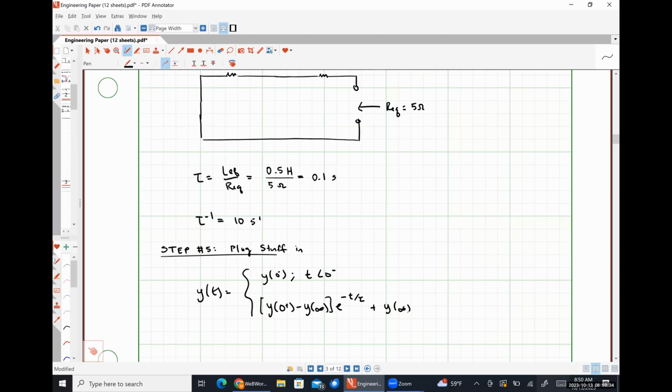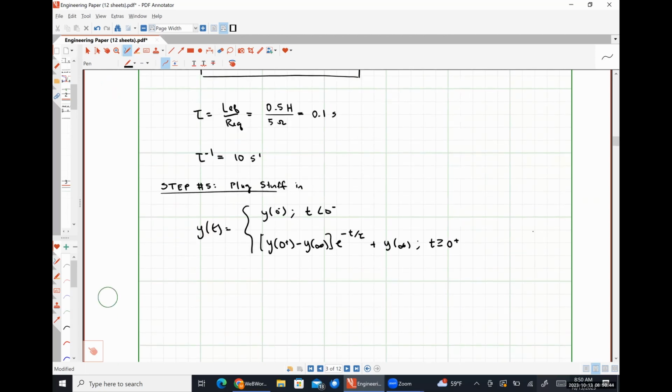Well, if I know what 1 over tau is, that's what's multiplied by t. So there's our generic equation.